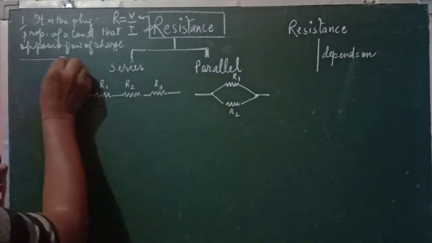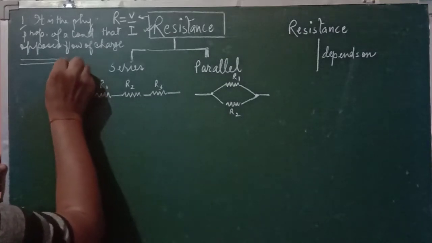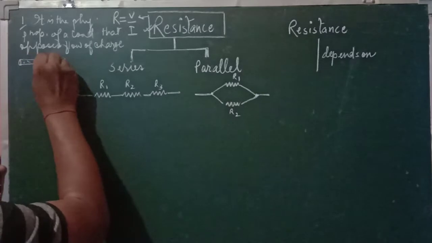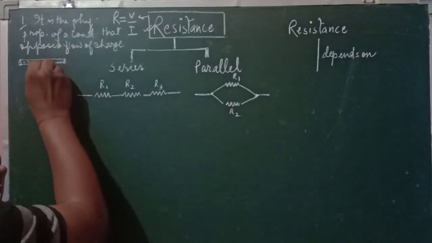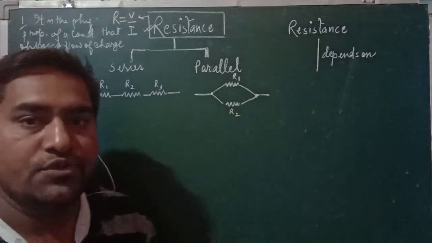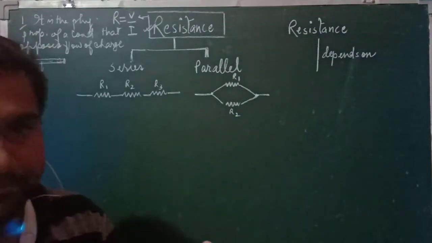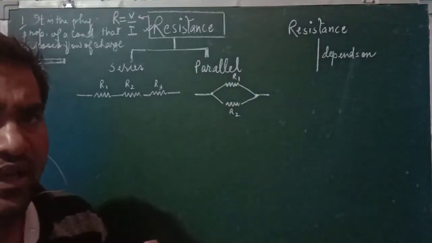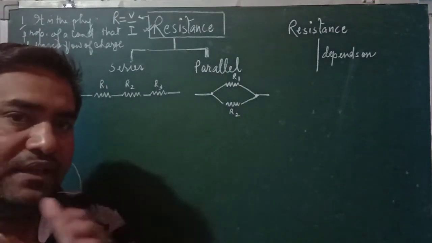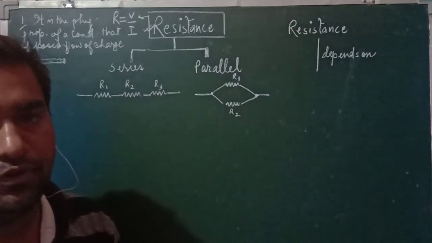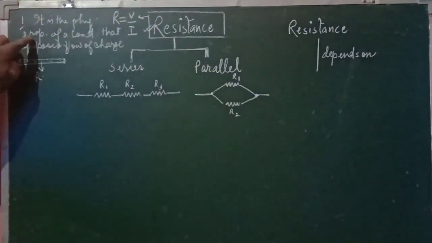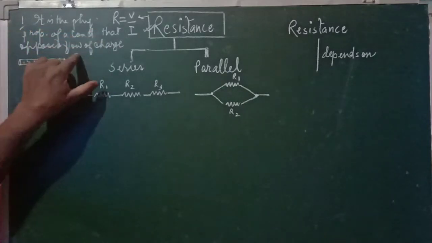Suppose that this is the conductor. Okay, students, this is a conductor, so it will have a physical property, and that property will only be known as the resistance that will oppose the flow of charge through it. This is the natural thing that is found everywhere in every body and every time.